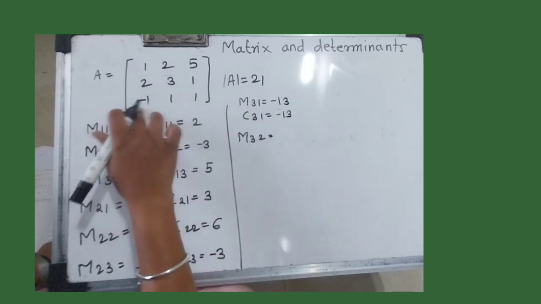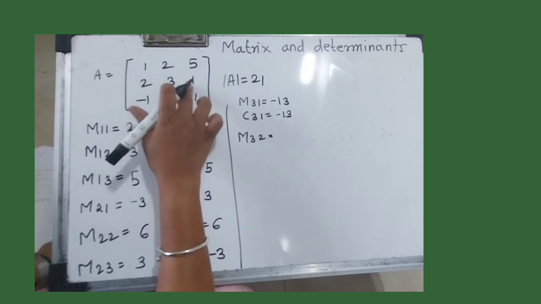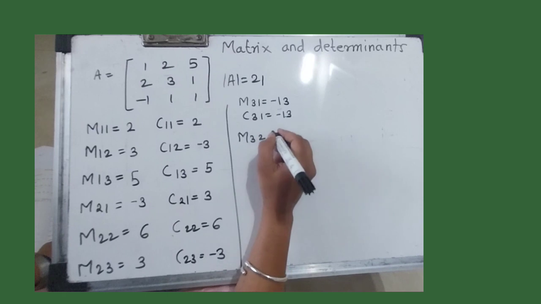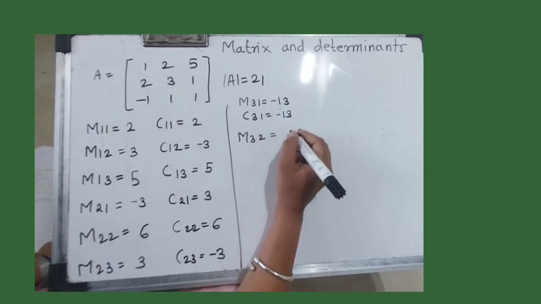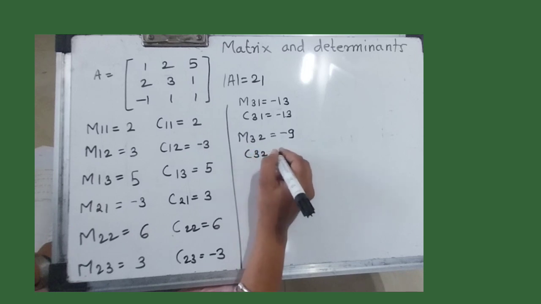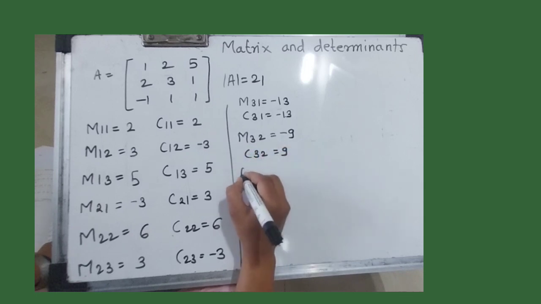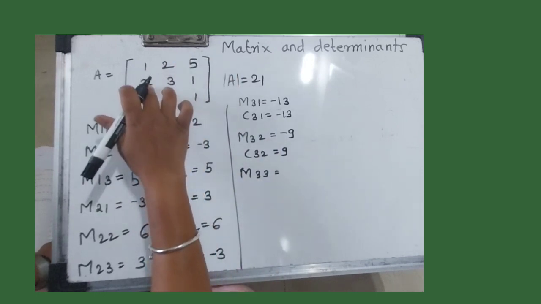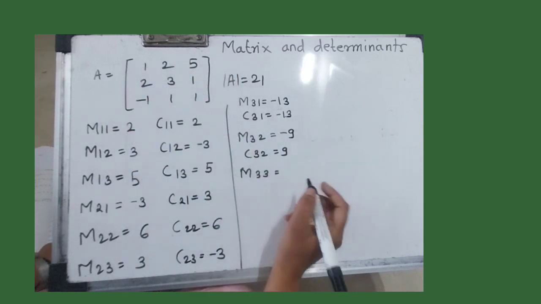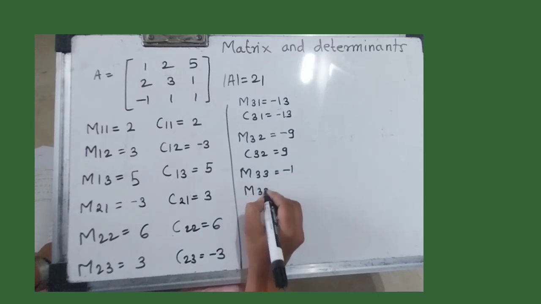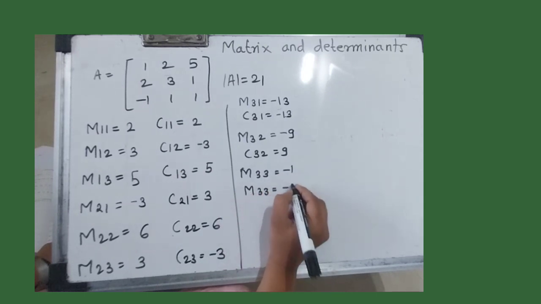M32, third row, second column. So 1 minus 10 is minus 9. So C32 is 9. M33, third row, third column. So 3 minus 4, it is minus 1. M33 becomes minus 1.